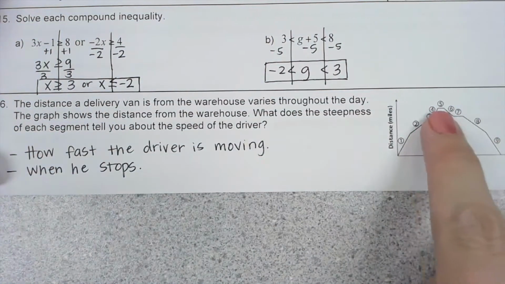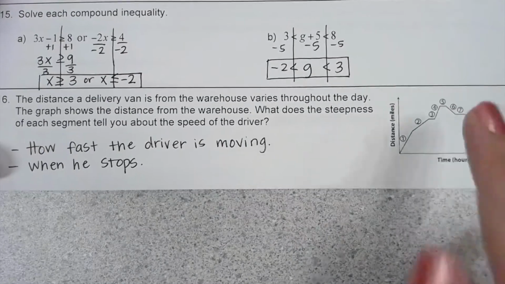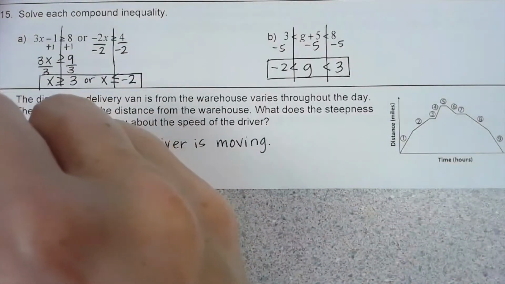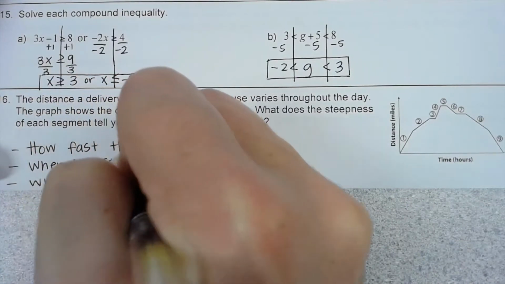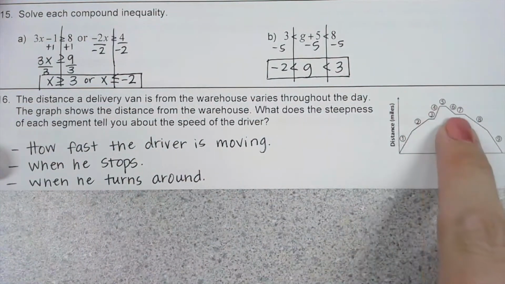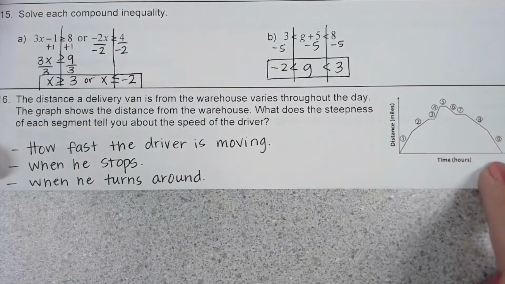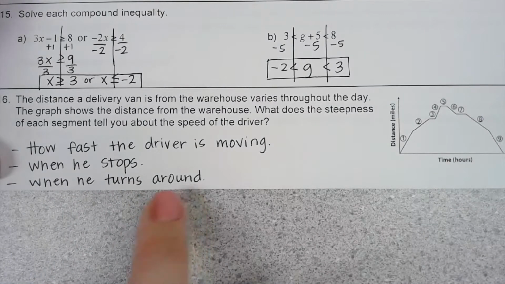So if at 3, 5, and 7, it's a horizontal line, and so that would be telling you when he stops. The steepness of the line can also tell you when he turns around. And so you can see that from 5 to 6, he starts heading back to the warehouse and starts driving home. And so the steepness of a graph can also tell you when the driver turns around.